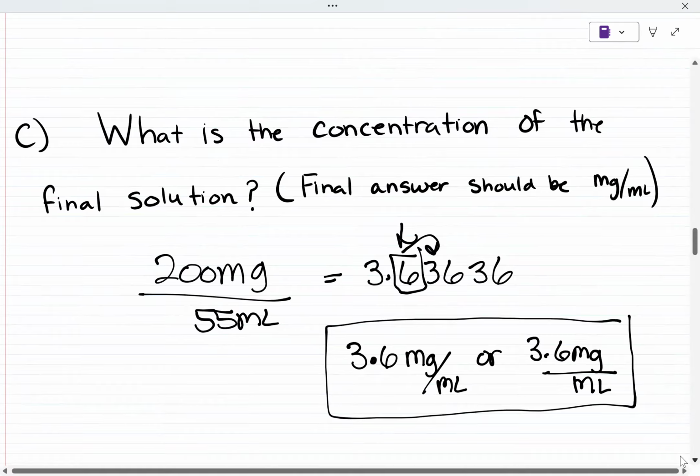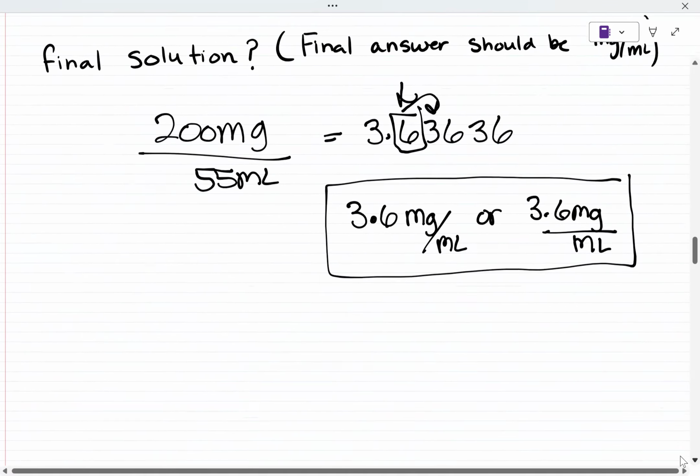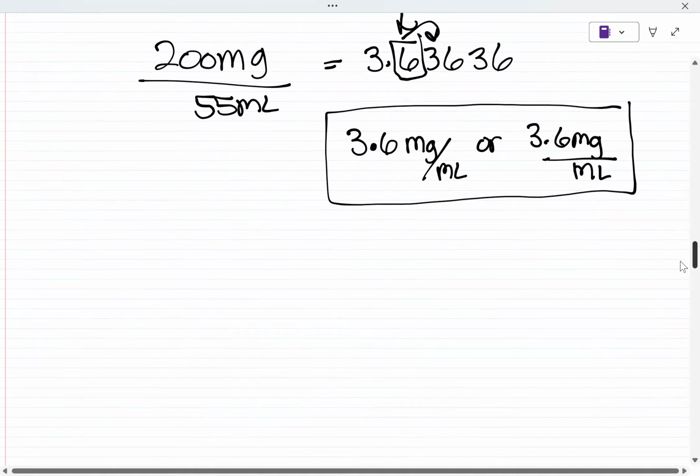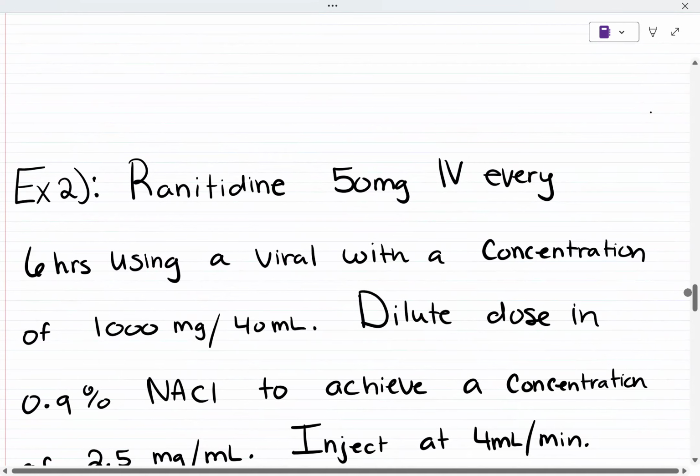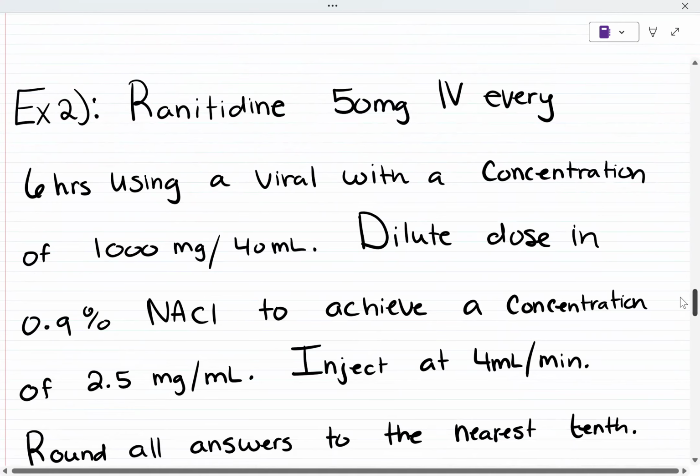Okay, let's move on to example 2. Example 2 says we have ranitidine. I can't say the word correctly because I don't know how, I'm not a nurse.